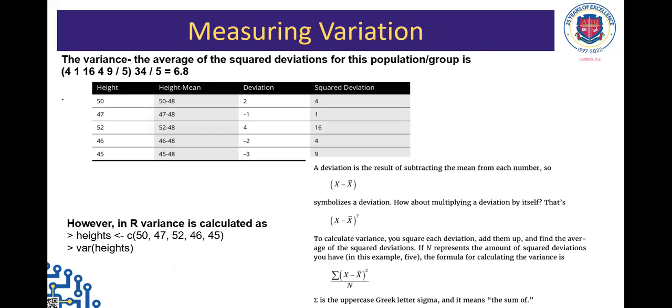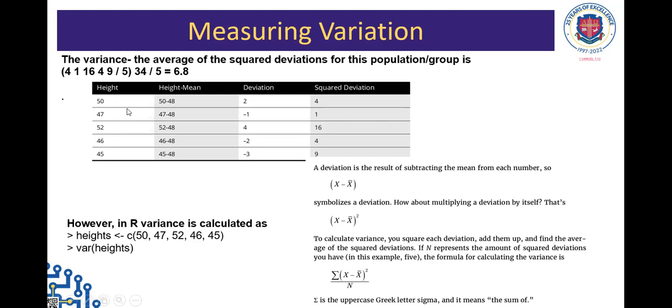Just going into how variation is measured from the statistical aspect, before we go into using it in R, variance is the average of square deviations. So here in this table, we have heights collected from 5 individuals, ranging from 50 to 45.